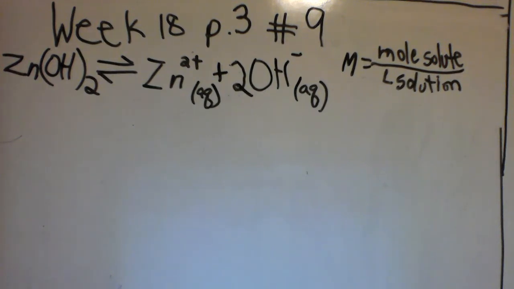The problem tells us that there are 1 times 10 to the negative fourth moles of zinc hydroxide. And we know that there's 1 mole of zinc for every mole of zinc hydroxide. Therefore, there's going to be 1 times 10 to the negative fourth moles of zinc.